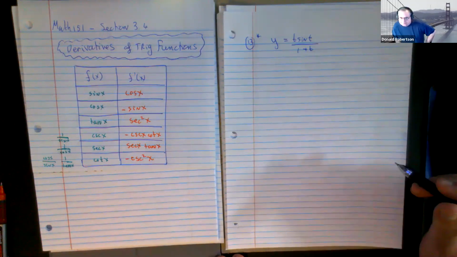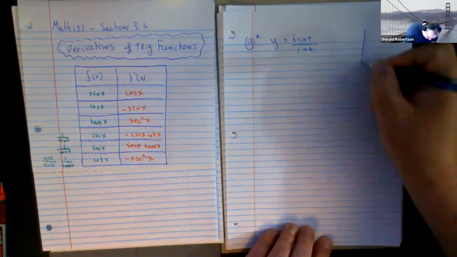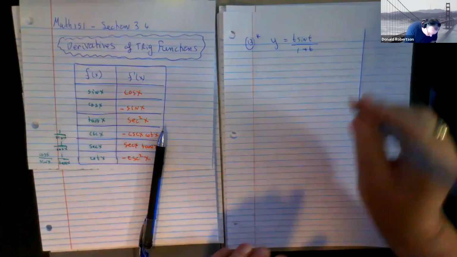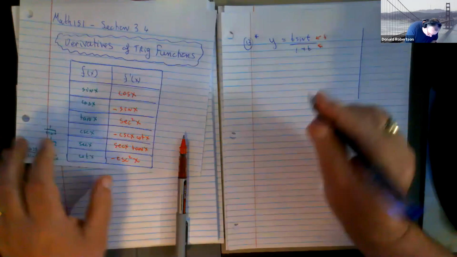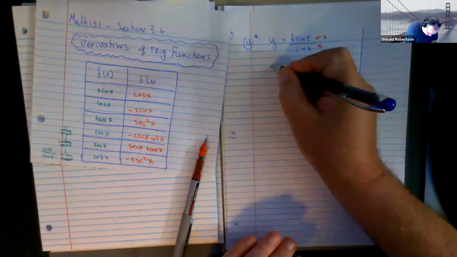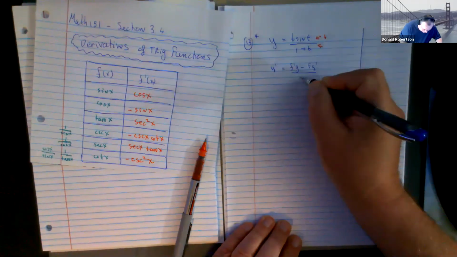Okay, what you got here? Well, it's definitely a fraction. So to find the derivative of this, I'm going to do f dash g, take away f g dashed, over g squared.